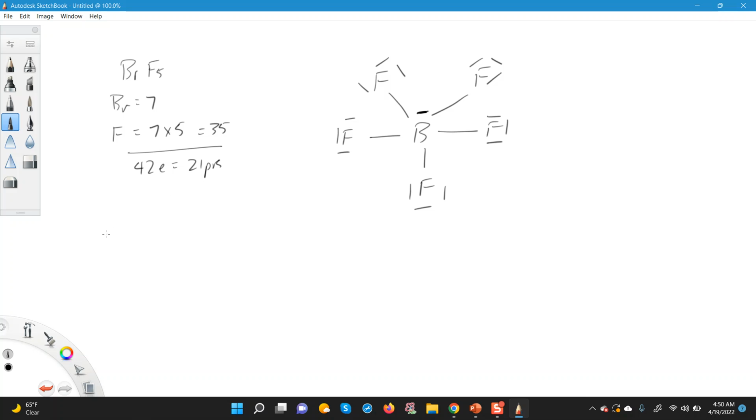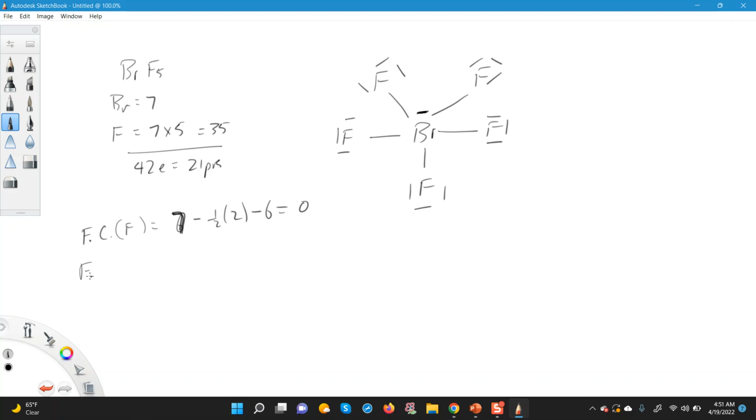Of course, you have to calculate the formal charges. In fact, let me do that. Formal charge of fluorine, let's do that first: 7, the group number, minus half of 2, minus 6, and that will equal 0.